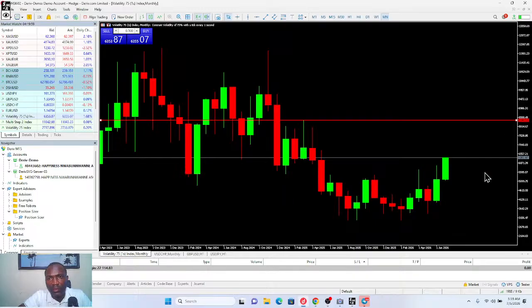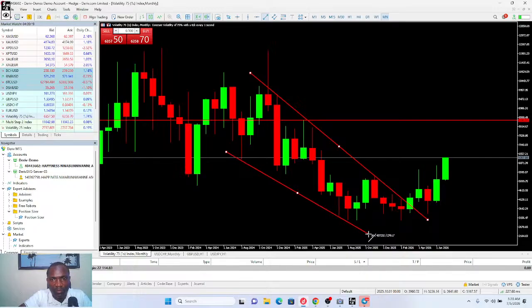But the market is giving me what? An option. And since there's a break of this downtrend, there's already a break, a change of trend right here. So you should be able to understand how the market is. There's already a break, so what has it created? It has started an uptrend.